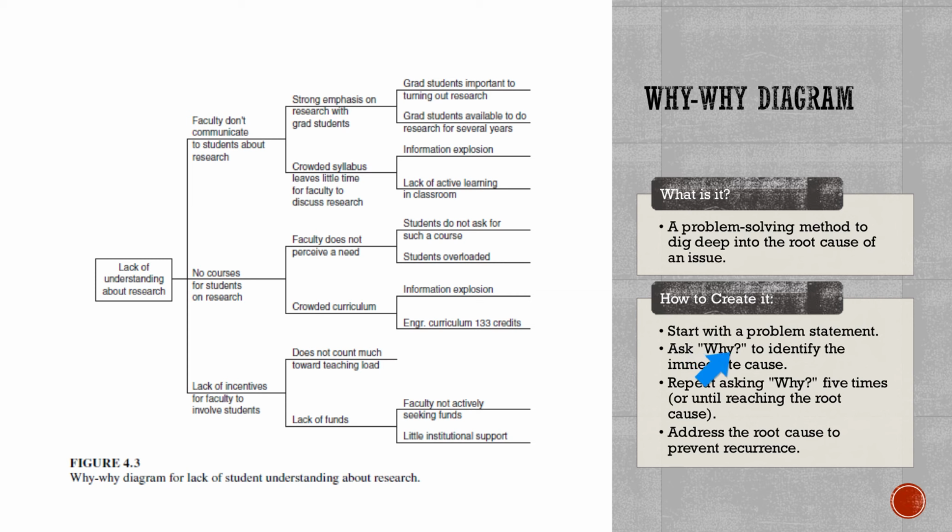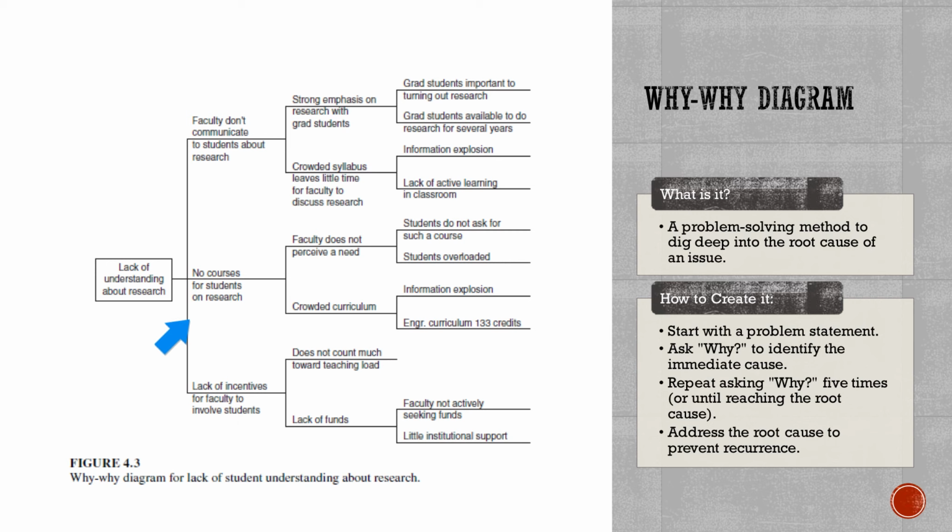So ask why to identify the immediate cause. So why lack of understanding about research? So this is the answer. Potential answers, such as faculty don't communicate to students about research, no credit for students on research, and lack of incentive for faculty to involve students.